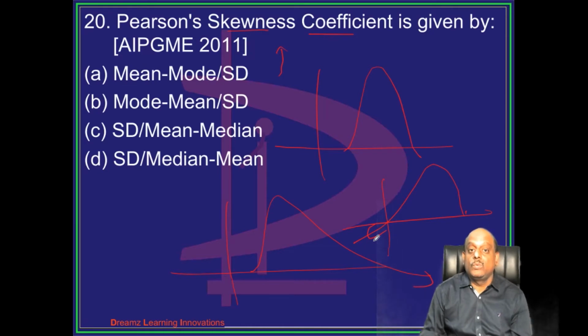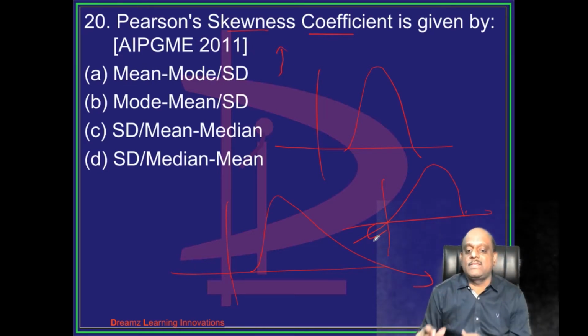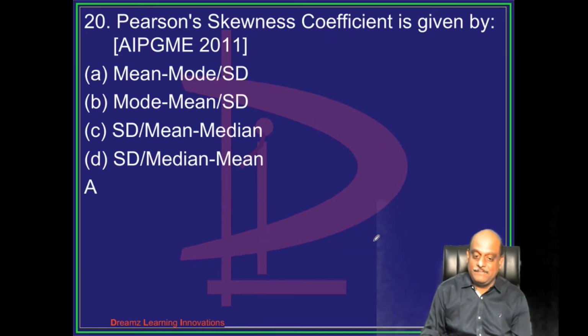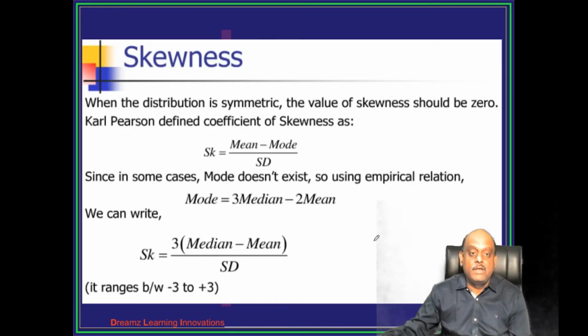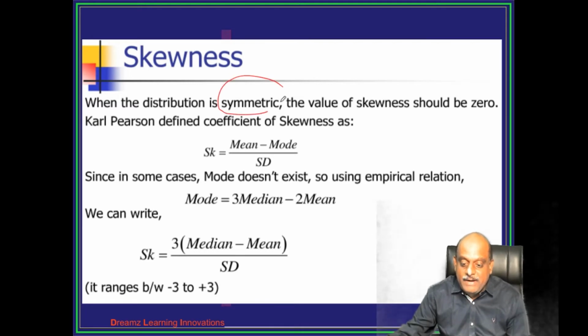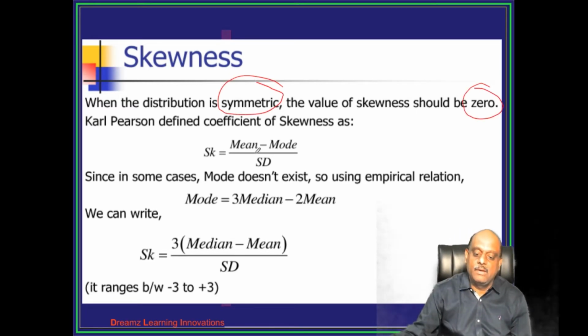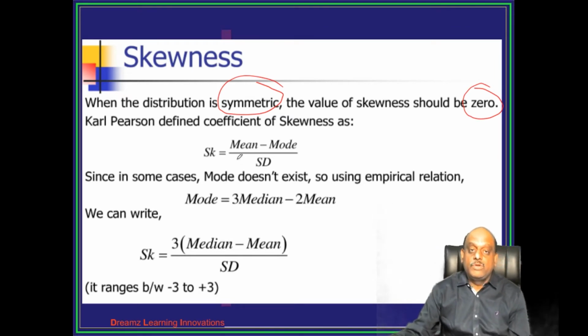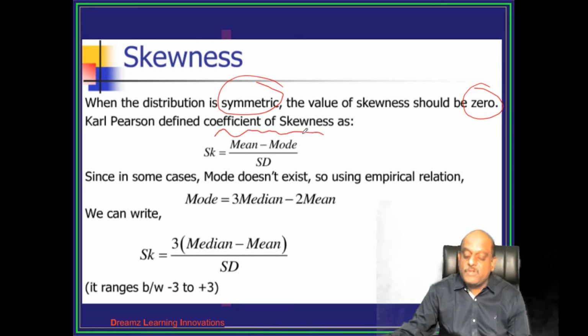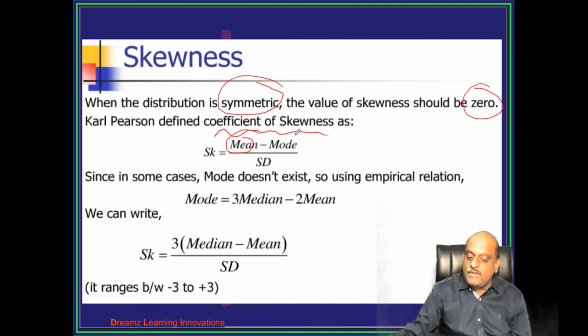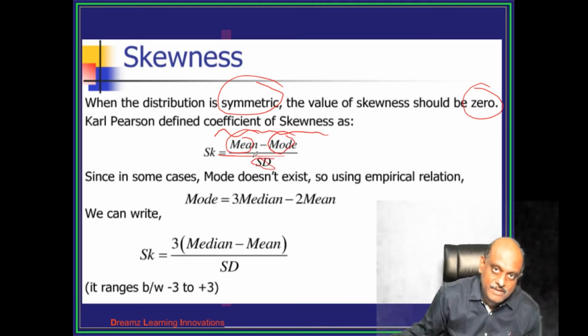How much that skewness is, is measured by Pearson. When the distribution is symmetric, there is no skewness, that is 0. So the coefficient of skewness is mean minus mode divided by standard deviation.